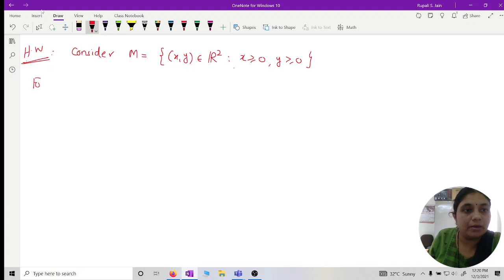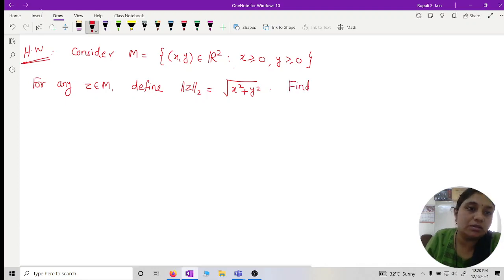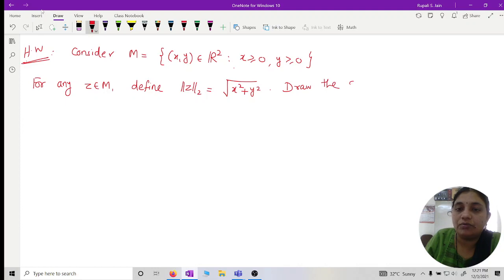For any z in M, define the norm of z as the square root of x squared plus y squared. So draw the graph of the open ball B1 at 0 in M. Can you draw this?